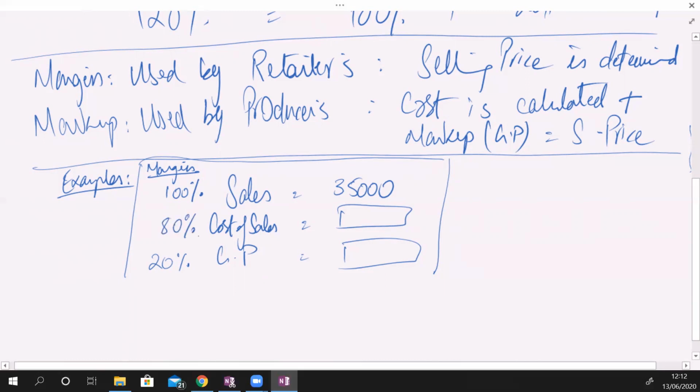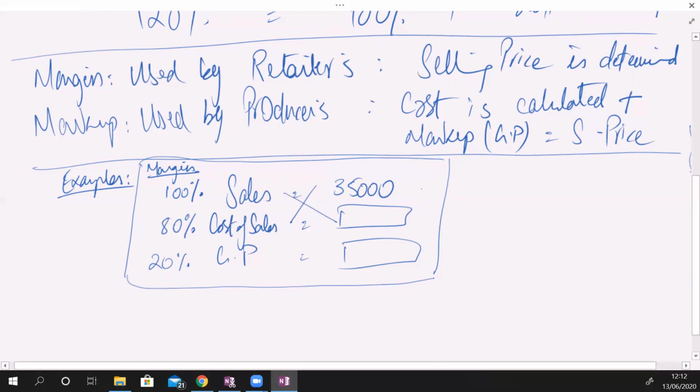So now, if I ask you to calculate cost of sales and GP, can you just simply cross multiply the way you do in math? How do you cross multiply? Iraj, can you guide me through this, please? Oh, sorry, I forgot that was on mute.